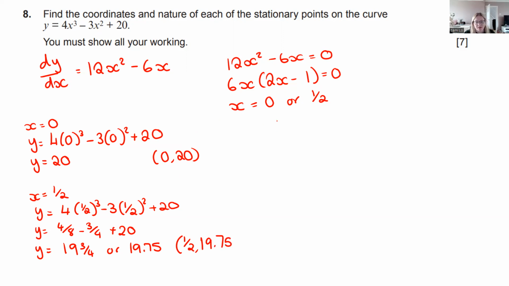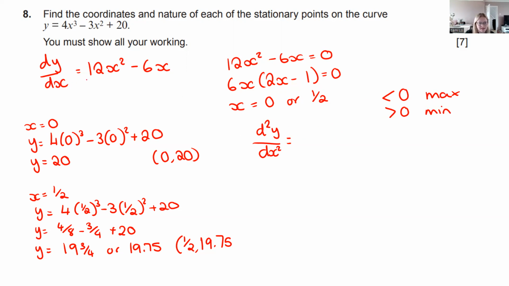So the way we do that is we're going to differentiate again. So this is when you go d2y over dx squared. And this is just going to give us the nature of the curve. So note to yourself, if it's less than 0, it's a max point. If it's more than 0, it's a min point. And that's going to be important for us to do.